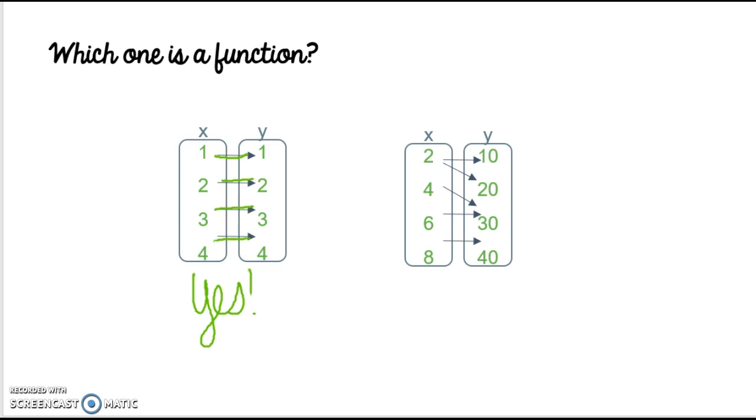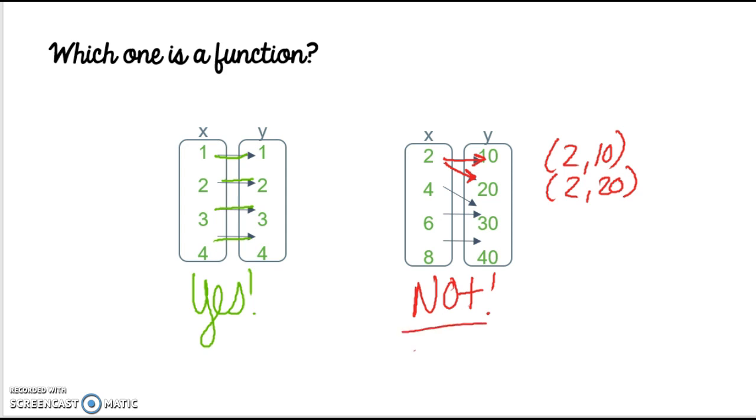The one on the right is not a function because 2 has 2 different y values. So I would write this as 2, 10 and 2, 20. Those are 2 separate ordered pairs, and that repeating 2 tells me it is not a function.